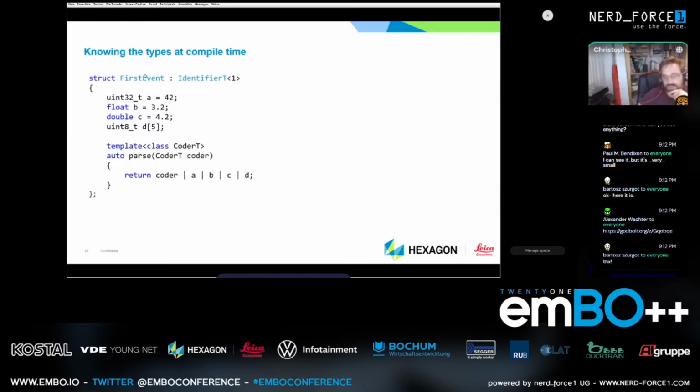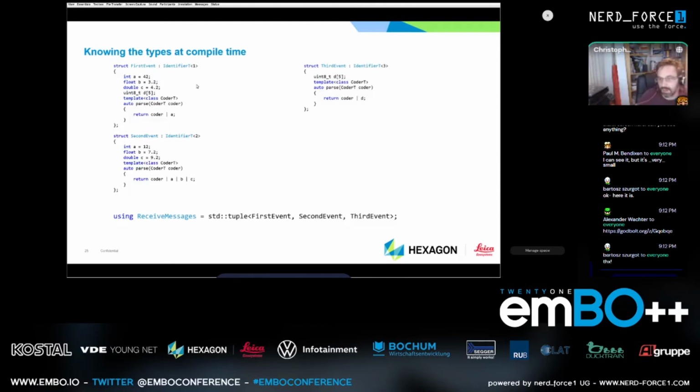So we just introduced an identifier. You need a unique ID. This is only a template class which defines a static const ID type and assigns the ID, so we have it present at compile time.